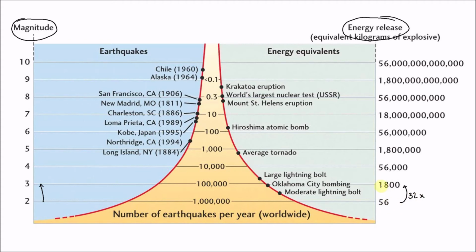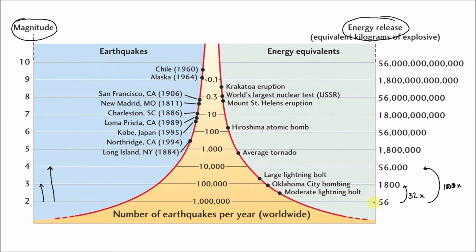So magnitude 2 might release 56 kilograms of explosive in equivalency of energy, whereas a 3 would release 1,800 kilograms of explosive equivalent. If we went from a 2 to a 4, as I said earlier, this is not doubling the amount of energy released, we are increasing it by the factor of 1,000. So 56 here, 56,000 here.